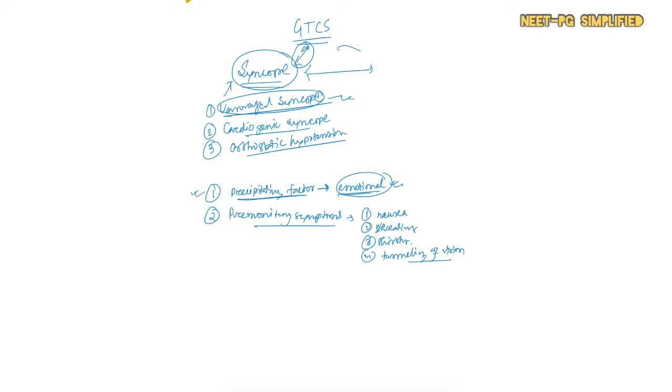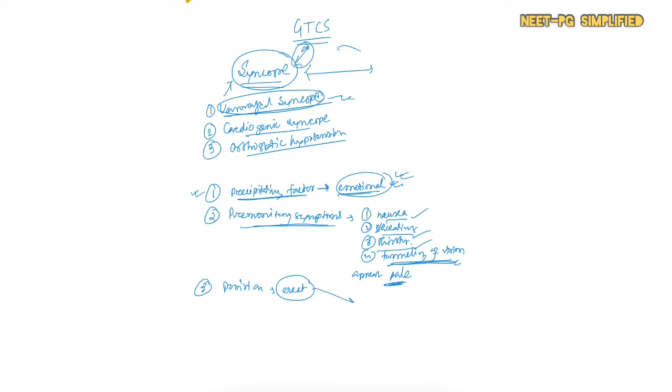Number 2, there will be many premonitory symptoms like nausea, sweating, thirst, and tunneling of vision. He or she can appear pale. Number 3, position is usually erect. The patient from an erect posture will gradually come to lie down.